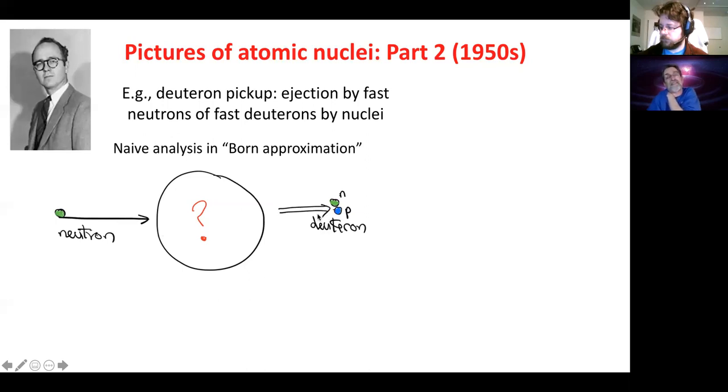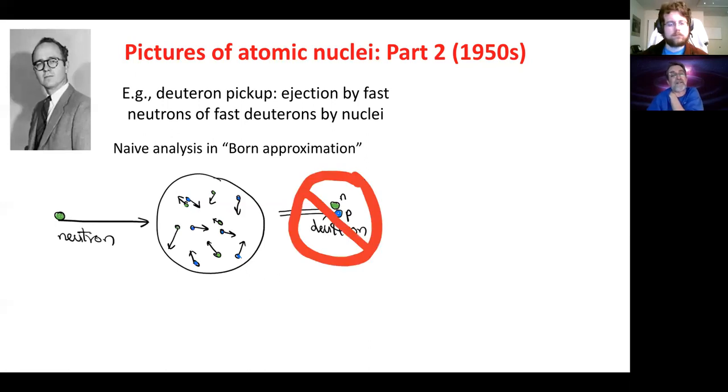So this is a very unlikely thing to happen if your picture of the nucleus is one associated with the shell model, where the key thing here, don't worry about these going in random directions here, the idea is none of them is going very fast. And if I tried to calculate the likelihood that this neutron would pair up with a proton to make a deuteron, it's just very, very unlikely.